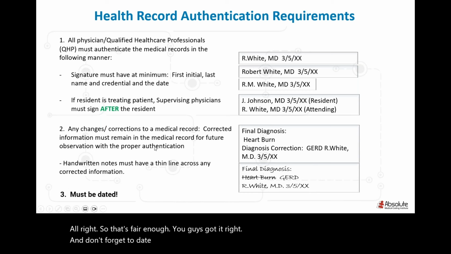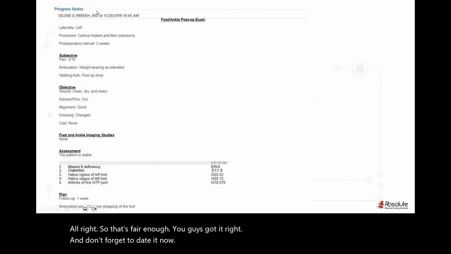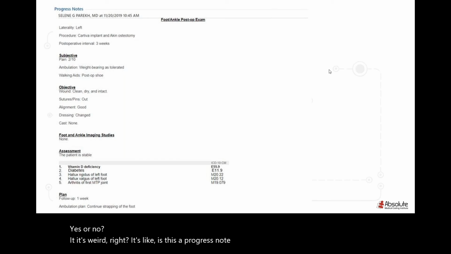Now, here is a progress note. Tell me, is this properly authenticated? Yes or no? It's weird, right? Is this a progress note? Yes, it's a progress note.